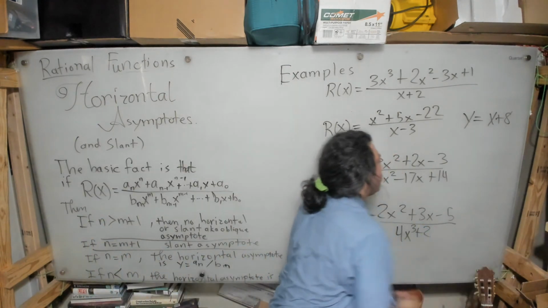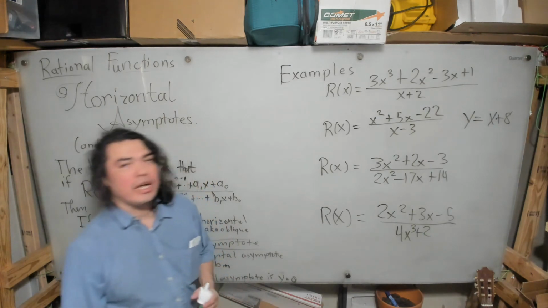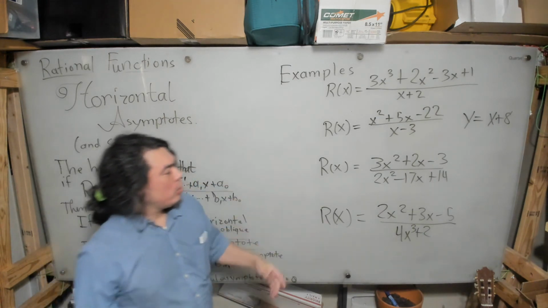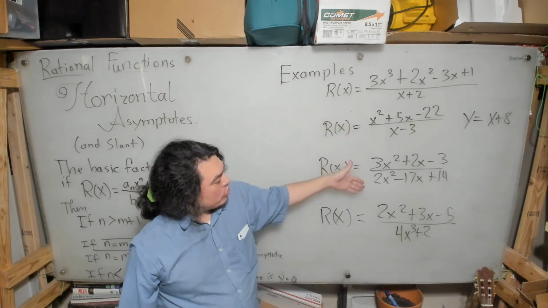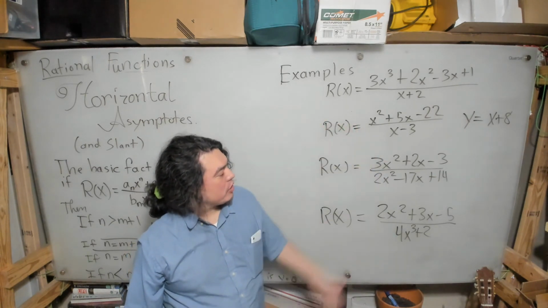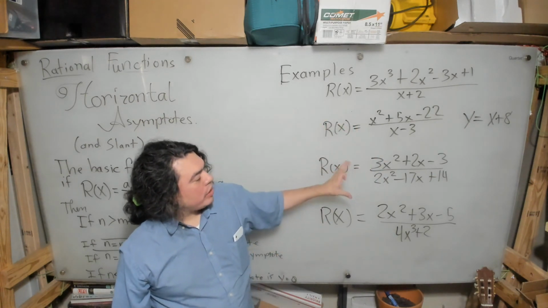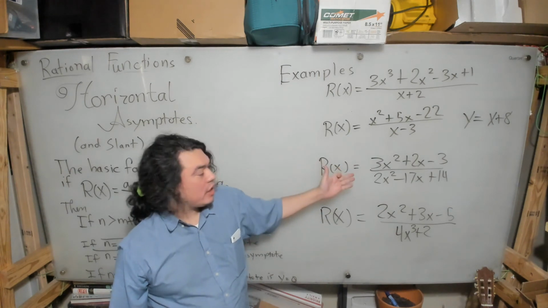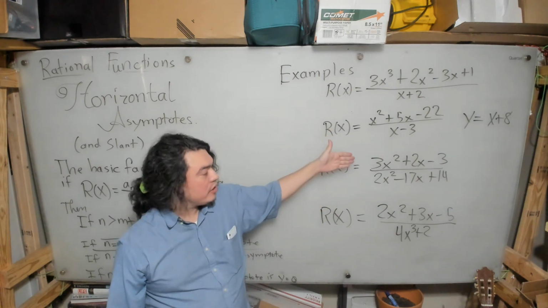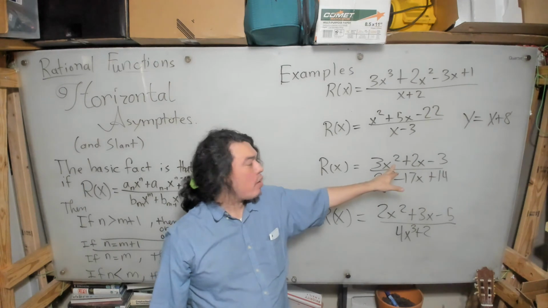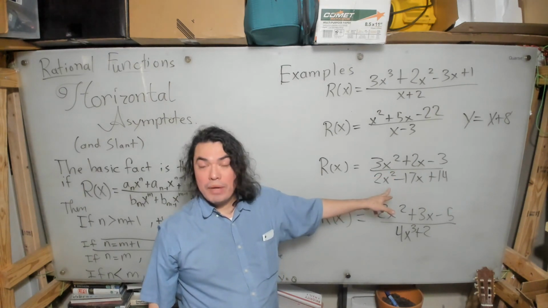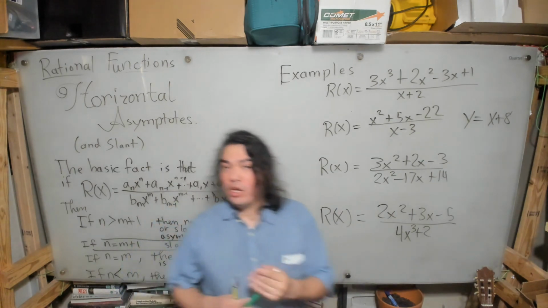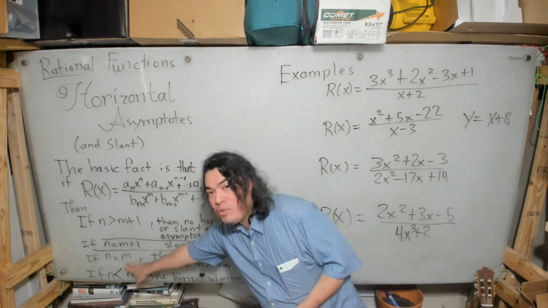Anyway, so now we look at our third example here, okay? R of x is equal to 3x squared plus 2x minus 3 divided by 2x squared minus 17x plus 14, okay? And so now we want to ask the question, what's going on with the degrees here? The degree of the polynomial on top is 2, because that's the maximum power in the polynomial on the top. And the polynomial on the bottom, the maximum power is 2 as well. So it must be this condition.